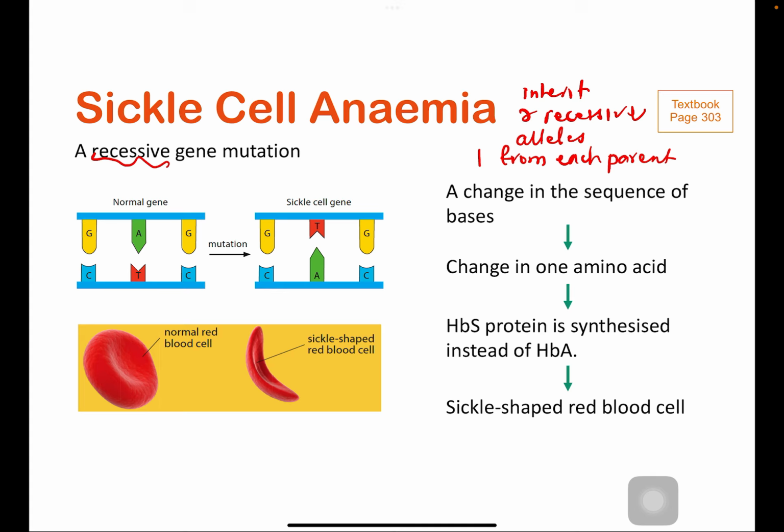So what happens is due to a change in one base, from A to G in the sequence, resulting in a change in the mRNA sequence, and this changes the polypeptide sequence as well. So instead of HbA, normal hemoglobin, being produced, HbS, the abnormal hemoglobin, is produced, causing the shape to change.